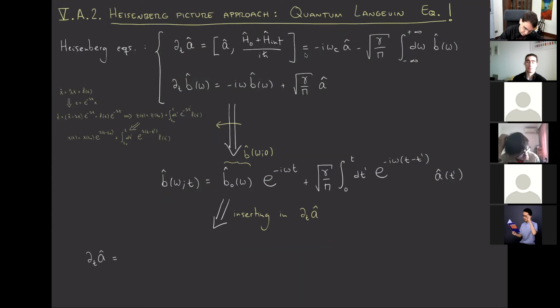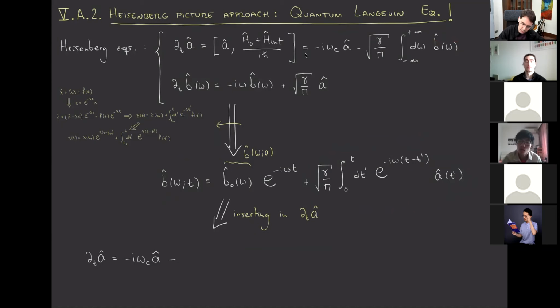The derivative in time of A, so we will get the free term. And then we get a couple of interesting things. The first thing is, let me first write down the one corresponding to this. So we have here B of omega, okay?